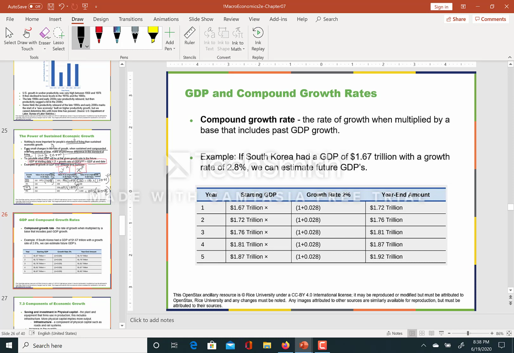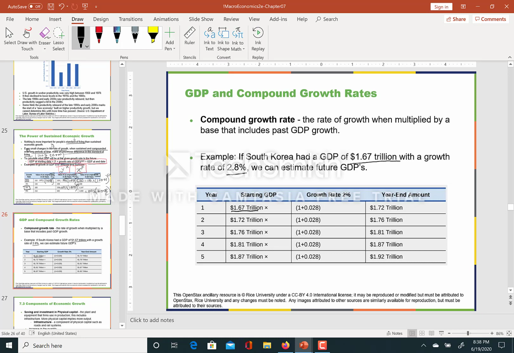Alright, so in this example, we have South Korea that started with a gross domestic product of 1.67 trillion, and the growth rate is 2.8%. And we are looking at the year-end amount. So 1.67 is the starting value.